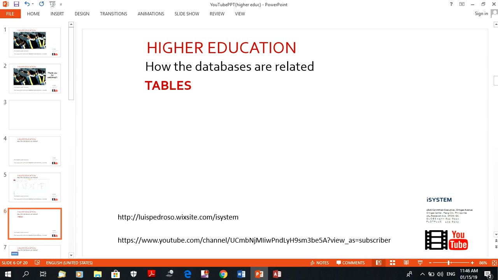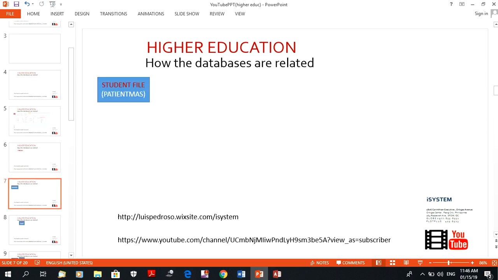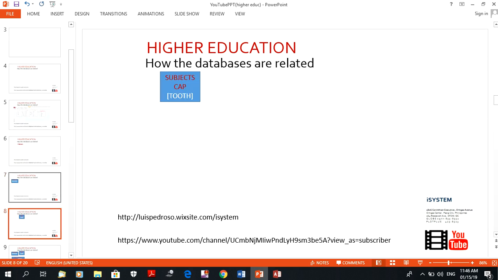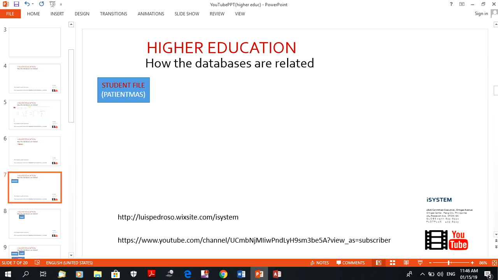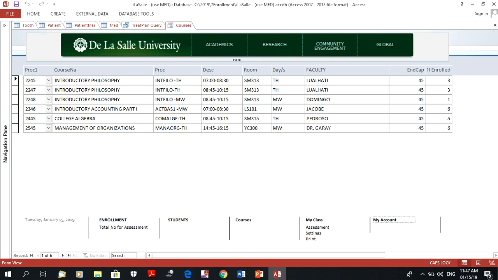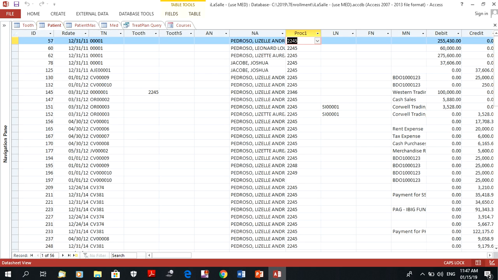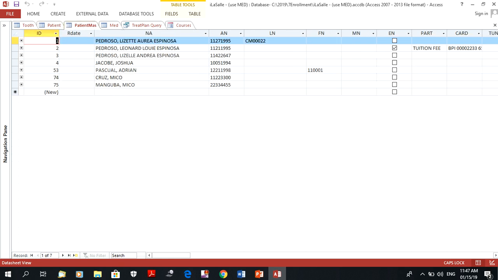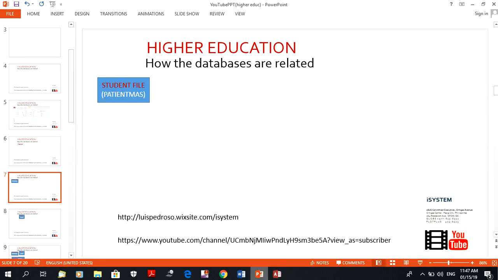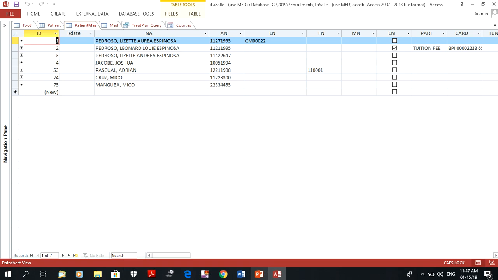Let's first talk about the tables. The tables used here are the student table, or the student file, which is in patient mass.